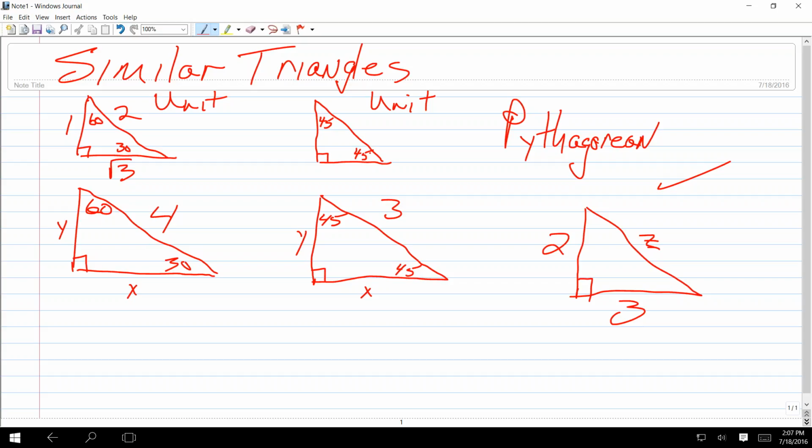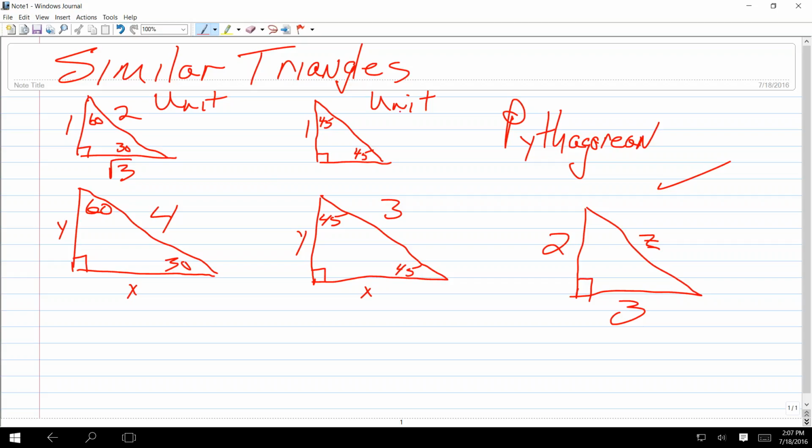Do you remember what the unit dimensions were of the 45, 45? Well, it's a unit triangle, so what does the side opposite the 45 have to be? 1.